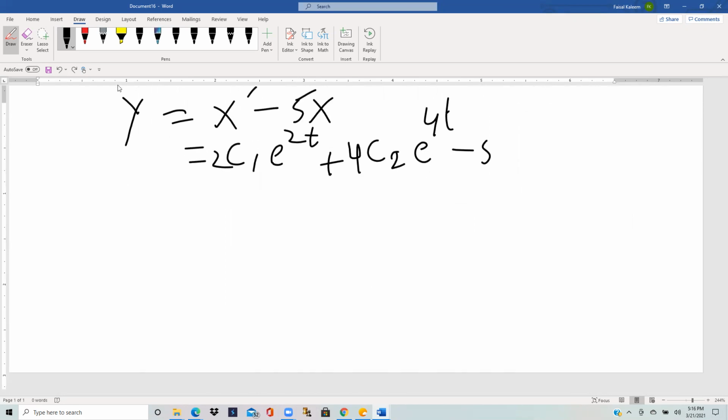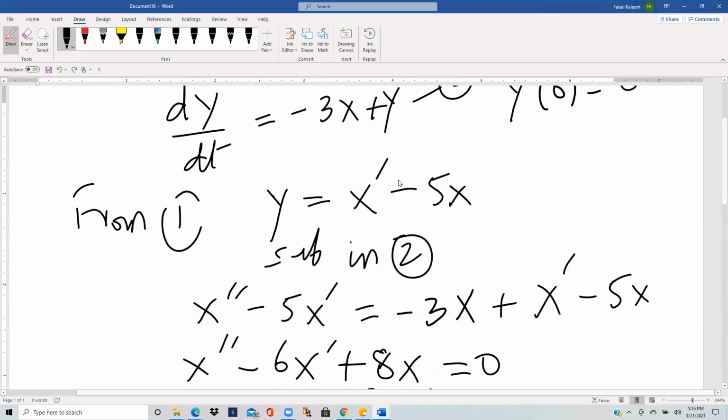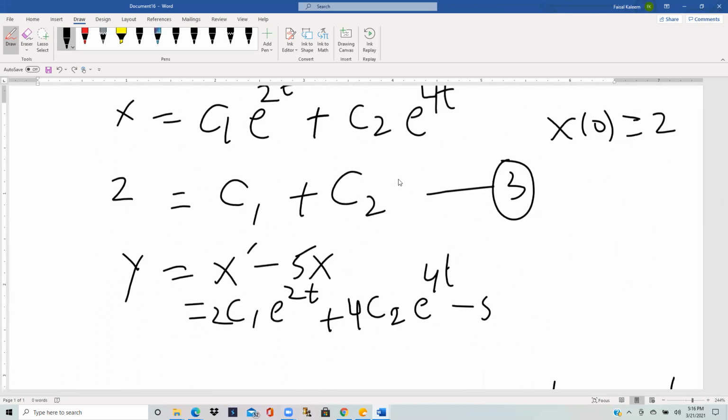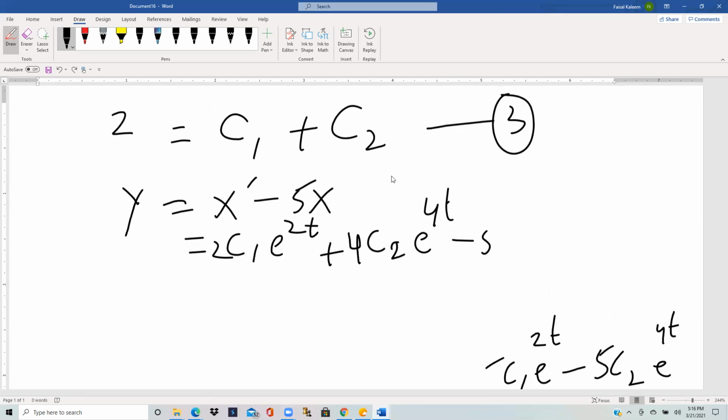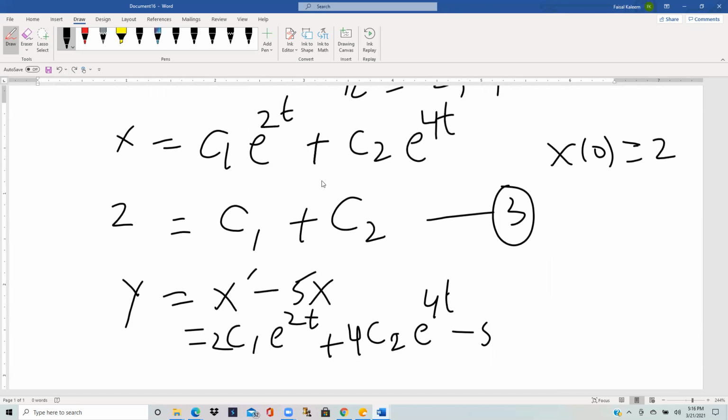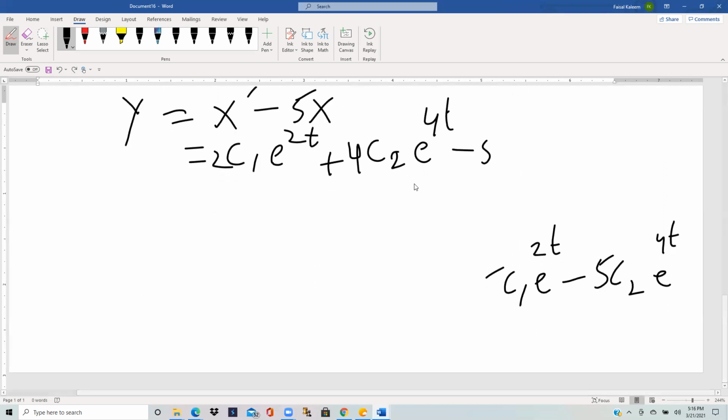Okay, let's redo this. For some reason, let's just copy it over there. So right now we have x is equal to c1 e to the 2t plus c2 e to the 4t.